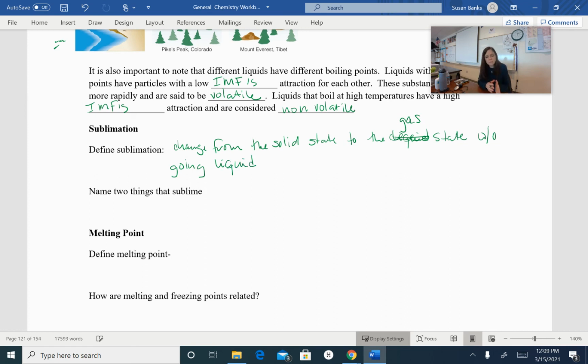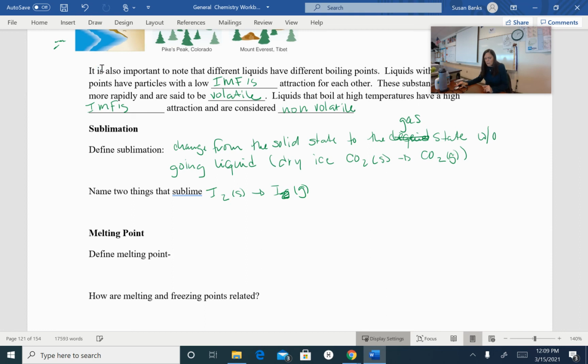So I'm going straight from solid to gas. A good example of this would be dry ice, which is just carbon dioxide in the solid state going to carbon dioxide in the gas state. You've all probably seen dry ice. Another thing that sublimes is iodine. Iodine solid will go to iodine gas and make this really pretty purple cloud.